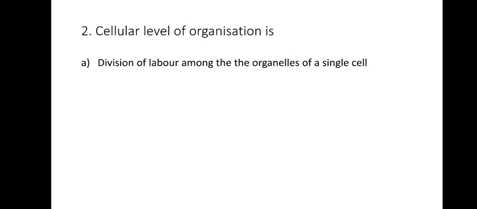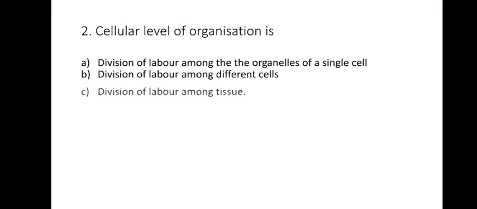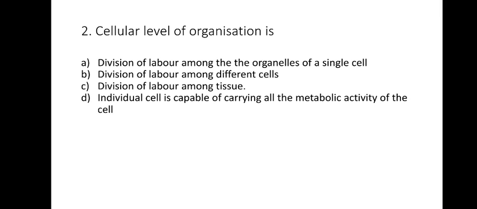The second question is, cellular level of organization is, just recall what we have discussed in our session. Division of labor among the organelles of a single cell, division of labor among different cells, division of labor among tissues, or an individual cell is capable of carrying all the metabolic activities of the cell.